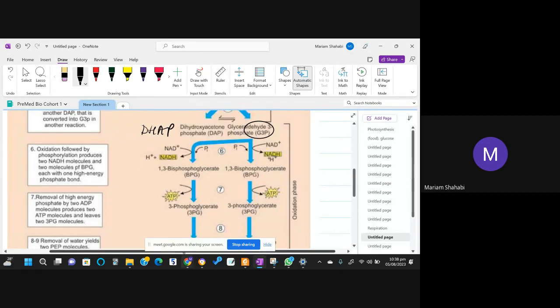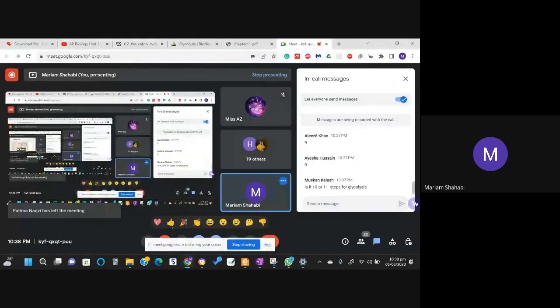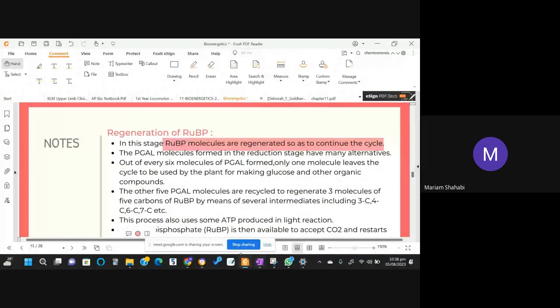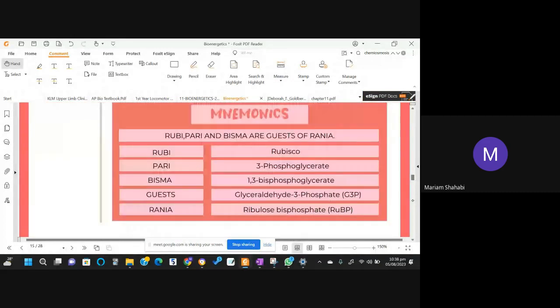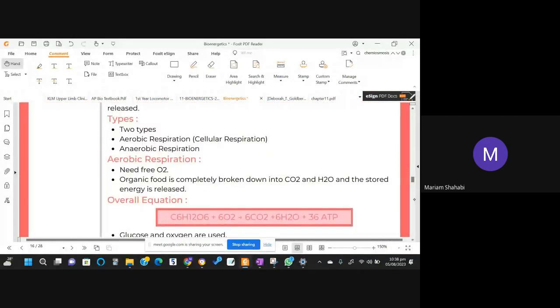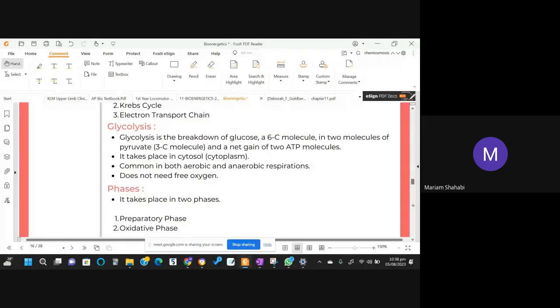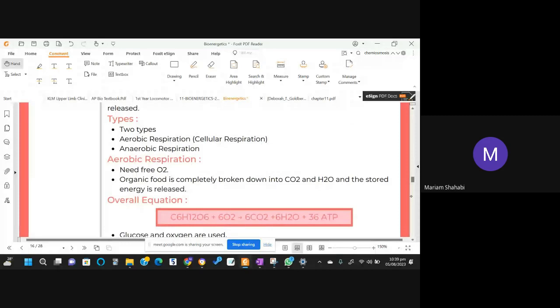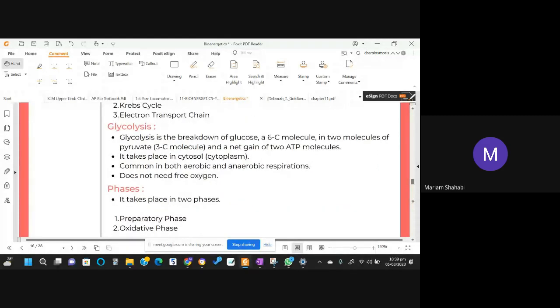Can someone tell me in the chat? Is it 10 or 11 steps? I read somewhere that it was 10 steps. What does this say? Here they haven't given the total number of steps.